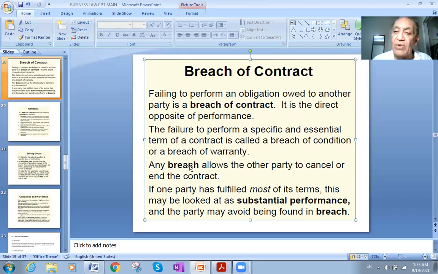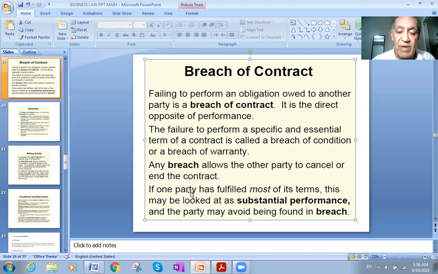When I don't do my part, my obligation in the contract, we say breach of warranty. Any breach allows the other party to cancel or end the contract.